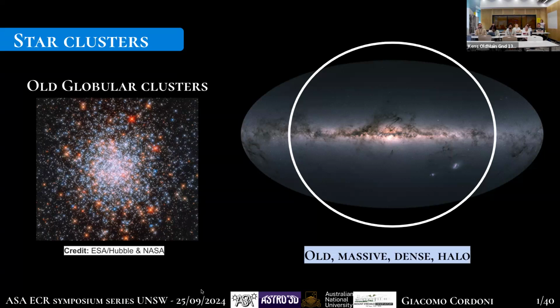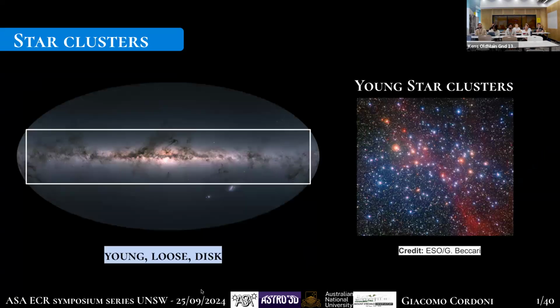At the opposite end of the spectrum, we have young star clusters, and particularly in the galaxy, we have open clusters. They are very loose, very sparse groups of stars, and they can host from tens of stars to around 1,000 stars. So they are less massive and less compact than globular clusters, and they mostly live in the galactic disk.